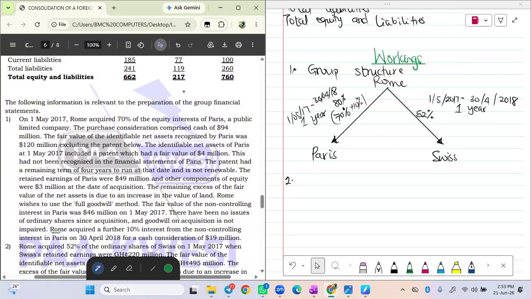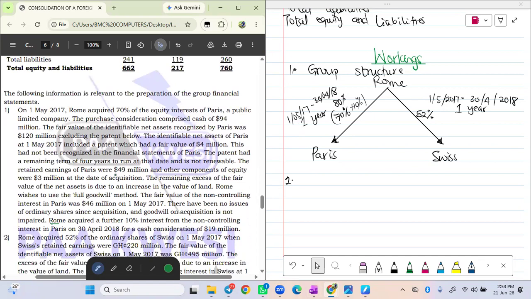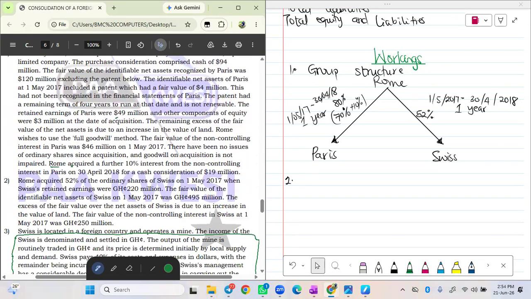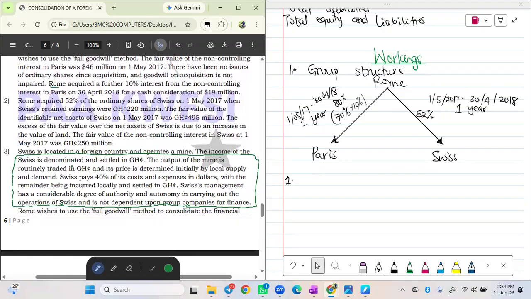Okay. Because you see that the figures in Paris: the retained earnings of Paris is $49 million. Other components of equity, $3 million. So for Paris, we don't have a problem with translation because it's already in dollars. But when it comes to Swiss, you see that the Swiss retained earnings were in cedis.